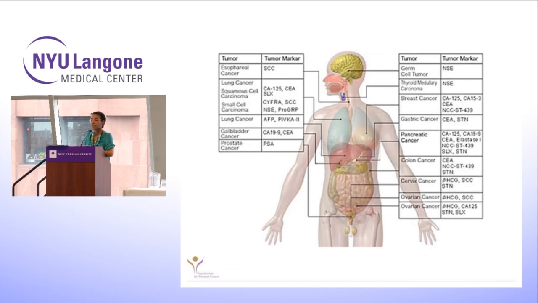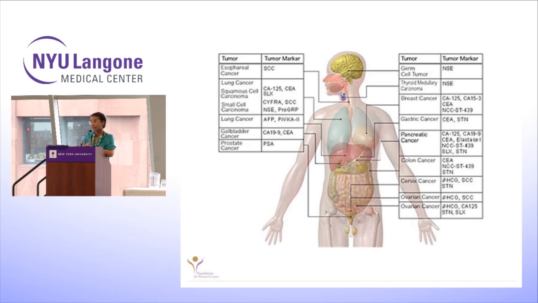So this diagram looks at a lot of different tumor markers together. And CA125 is noted in 4 different areas. So like I said, it's not just the reproductive tract, but the respiratory tract also produces mucin 16. So CA125 can be found as elevated in lung cancer.